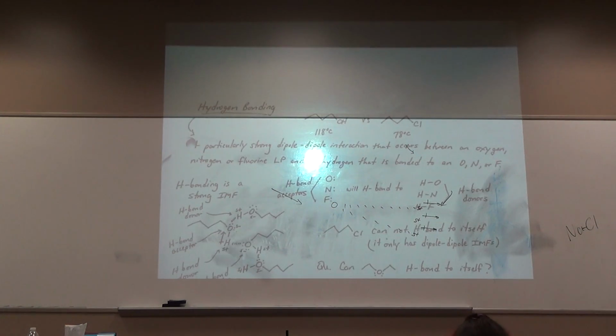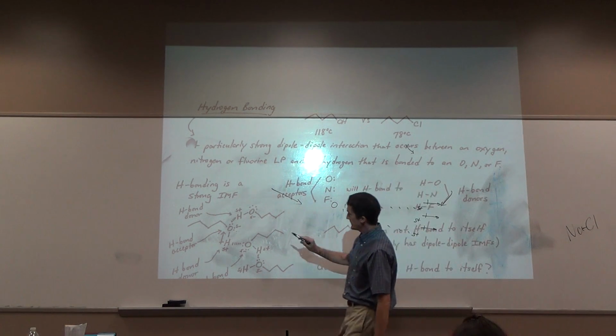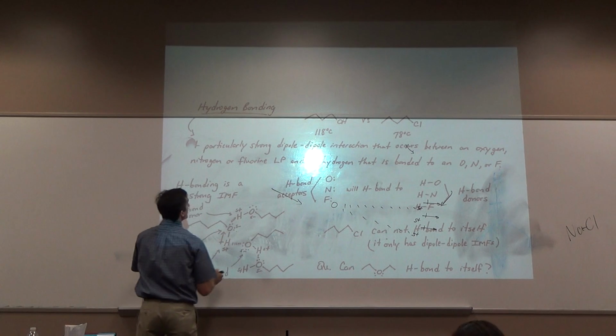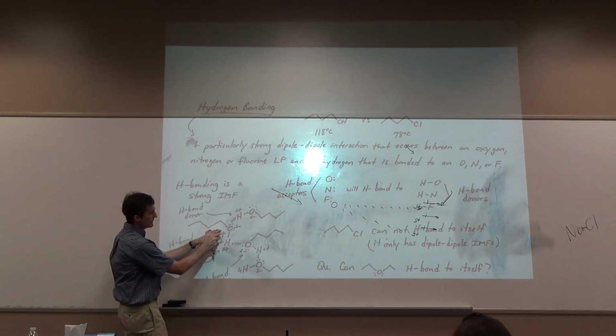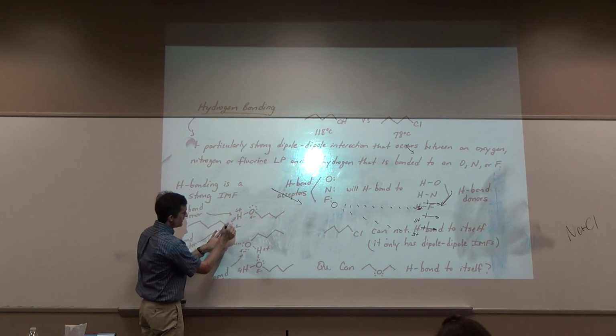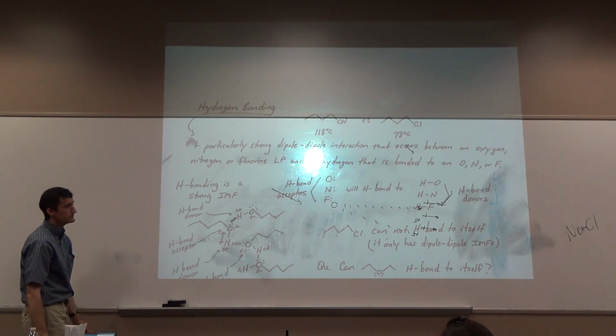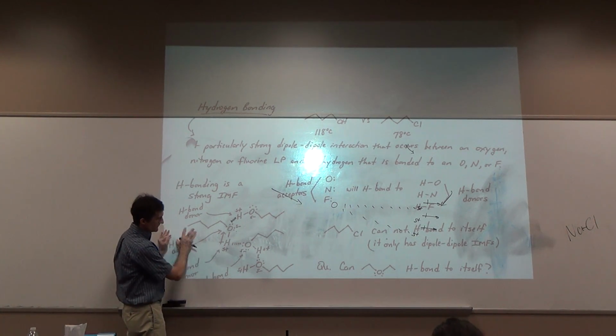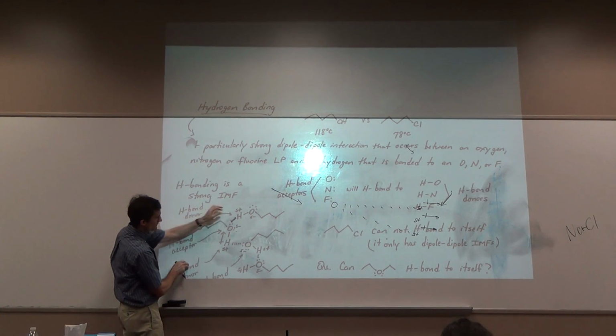Of course, we can show the hydrogen bonding just like we showed with the dipole-dipole, something like this. And so for the alcohol up here, I'm showing the lone pair sort of doing a non-covalent interaction with the H. You can have a hydrogen bonding network here.